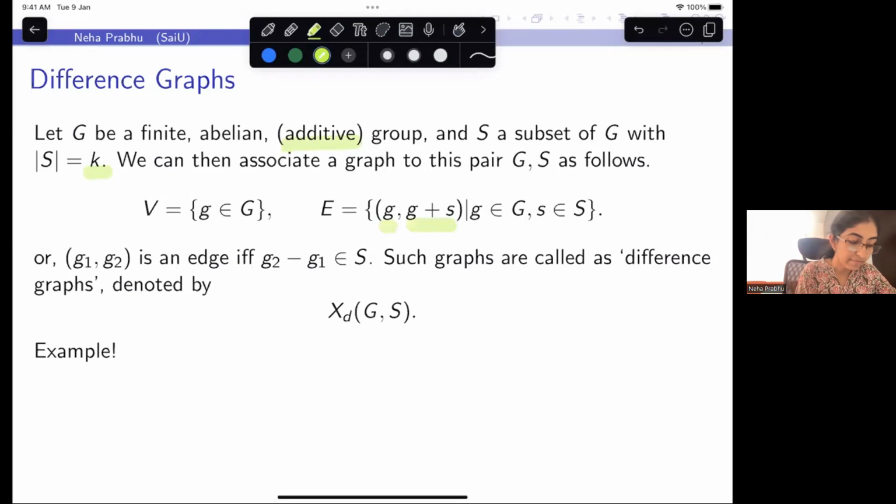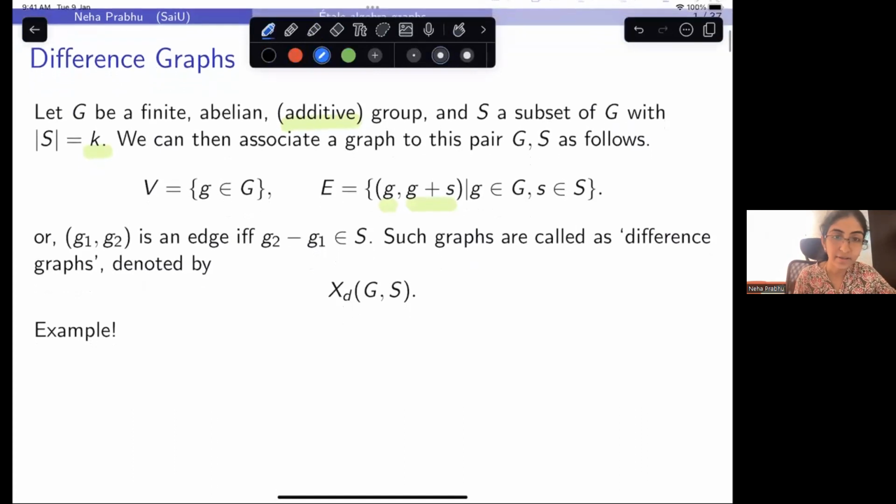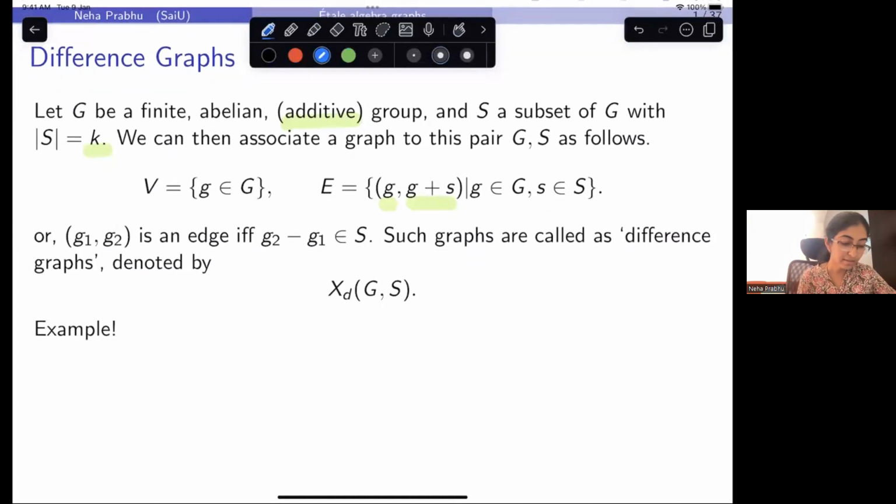So every vertex g has neighbors g plus s for every s in S. The reason this is called a difference graph is that if you take an edge, the difference of those two elements, which represent the vertices, lies in your set S.